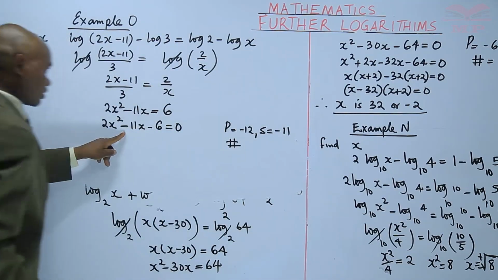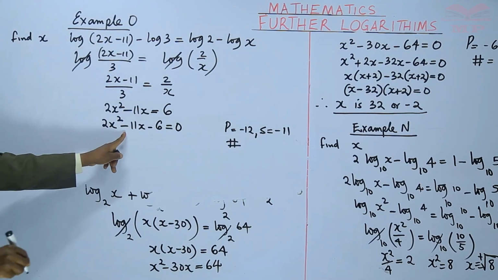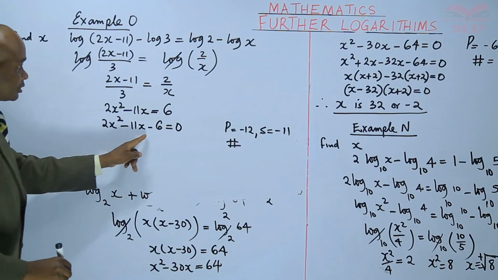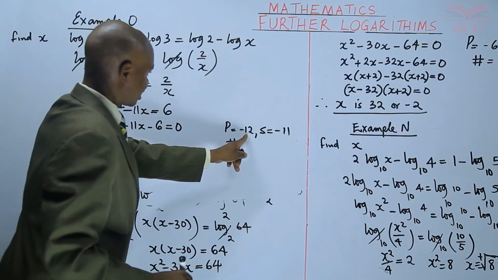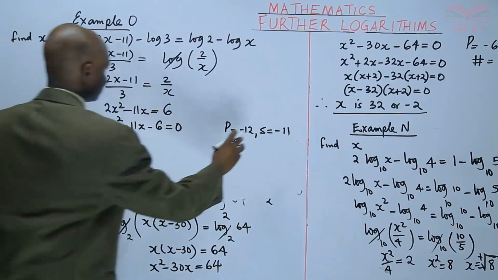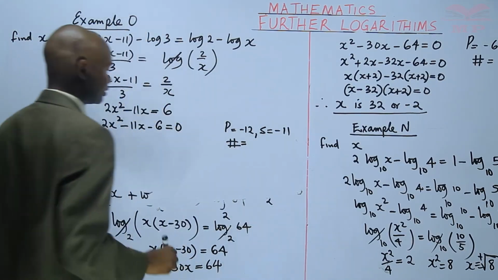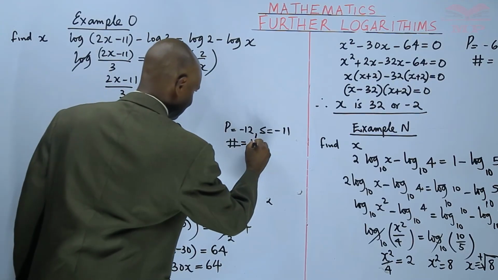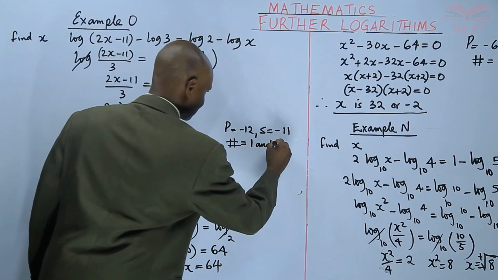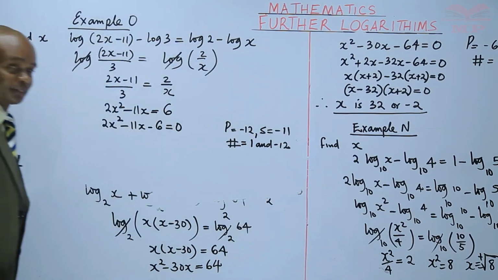Look for two numbers that, when you multiply, you get minus 12, and when you add, you get minus 11. So the two numbers are 1 and negative 12.